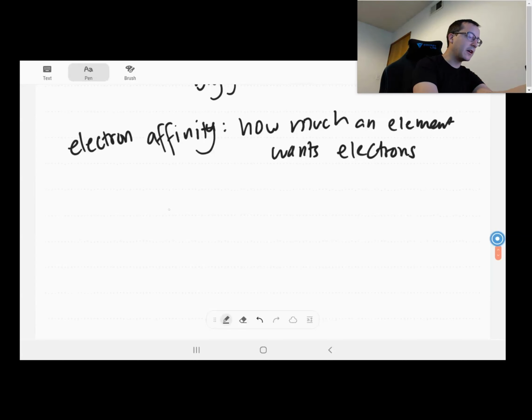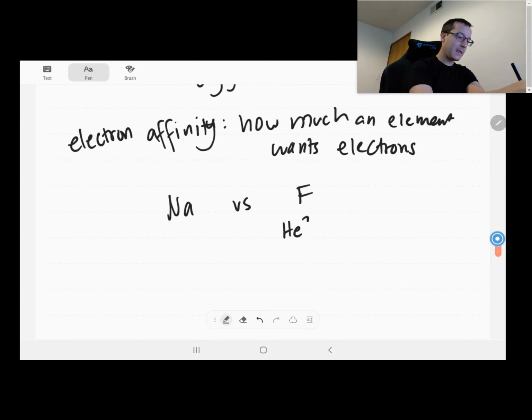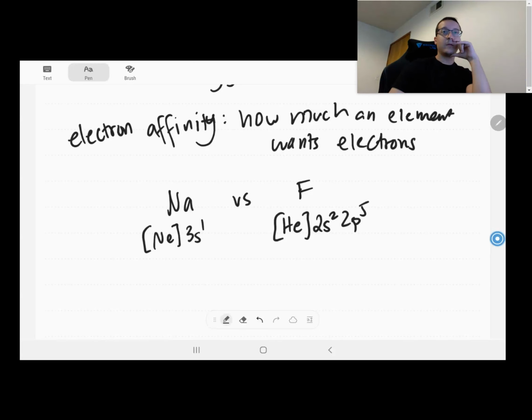So let's compare 2 elements. Let's compare sodium versus fluorine. If we look at their electron configurations, fluorine is going to have 2s2 2p5, and sodium is going to have neon 3s1. Remember, what did all the noble gases have as valence electrons? They all have 8 valence electrons, right.